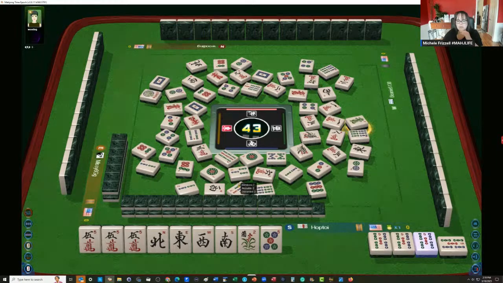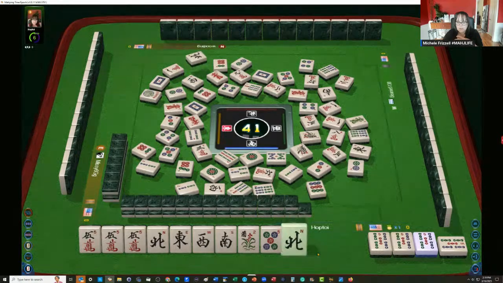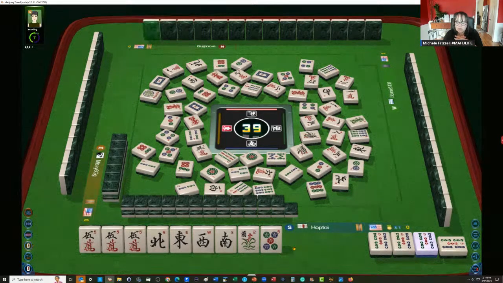2 7 bams. Someone. Interesting. 1 character. Come on. We need a flower. Oh my goodness. North wind. Okay, we're in the end game right now. 1 character. 40 tiles remaining. 6 bamboos.